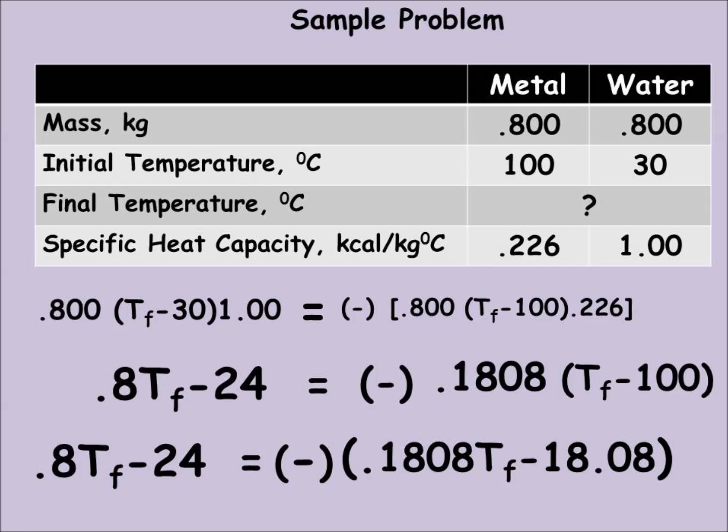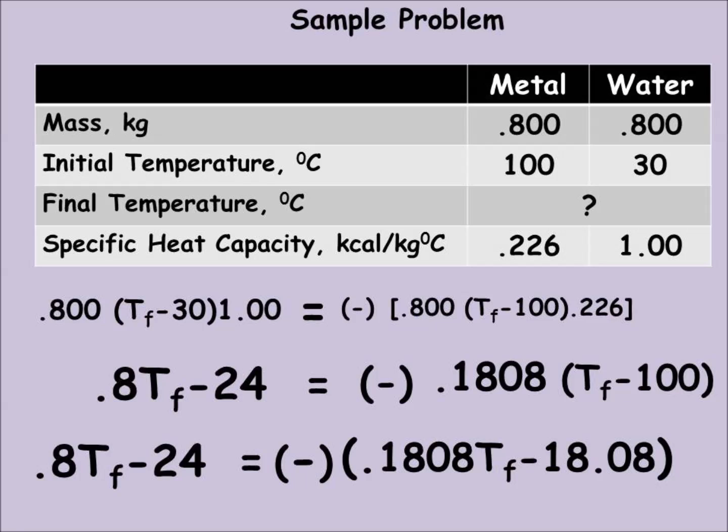And then I multiply 0.8 times 1 is 0.8, then 0.8 times T final, and then 0.8 times 30. That's how I get the left. And then 0.8 times 0.26 is 0.1808. And then I distribute that.